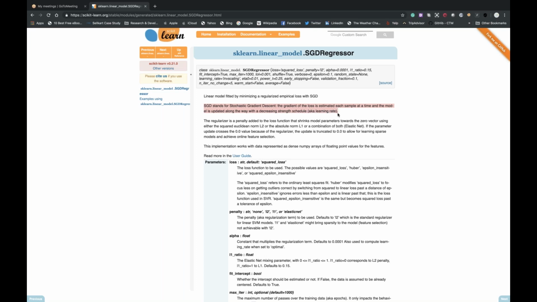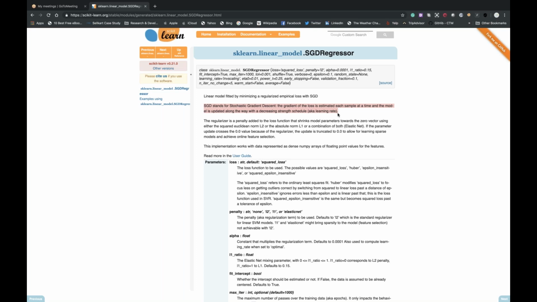I repeat, the statement itself is telling what it is doing. SGD stands for stochastic gradient descent. The gradient of the loss, the angle of the loss, or the amount of the loss is estimated at each sample at a time. Each sample is each iteration. Each iteration is each instance run. And the model is updated along the way.